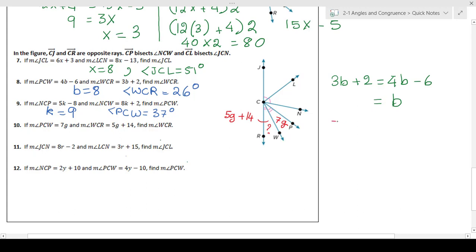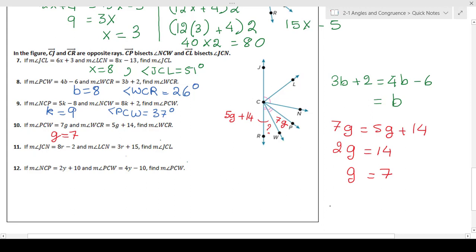Then 7G is equal to 5G plus 14. Then we move the 5G to the other side by a negative sign. It will be 2G equals 14. Divide by 2, G equals 7. This was my first part.